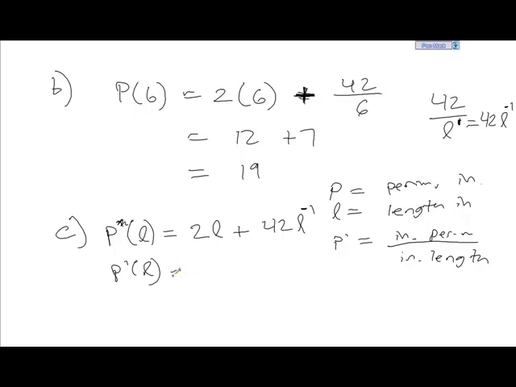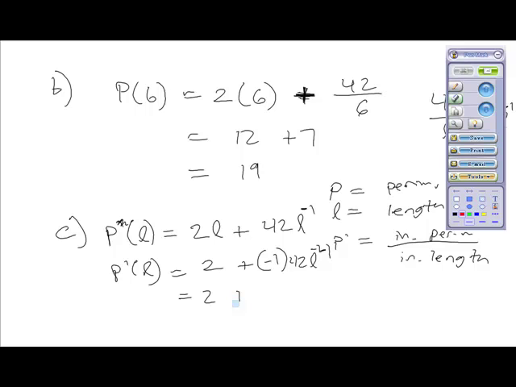Now I'm going to find the prime. Well, here's 2L. Subtract a power of 1, and that makes it L to the 0. Plus, well, I bring down the negative 1, multiply it by the 42, and now subtract 1 from the exponent. So I already have L to the negative 1. I'll subtract 1, so I have 2.